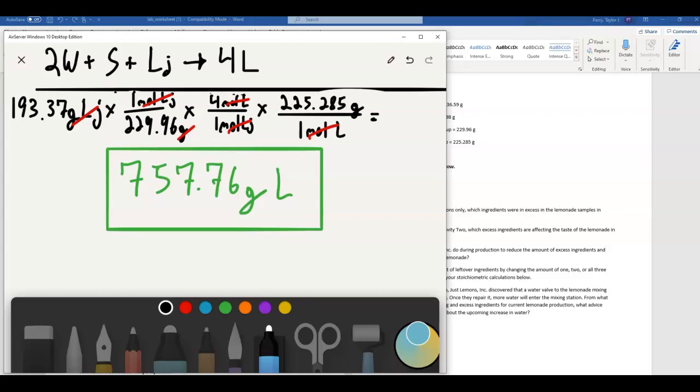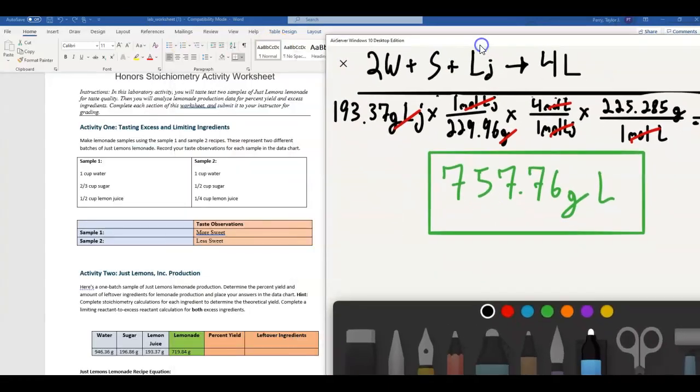Our actual yield was 719.84 grams. Divide that by our theoretical yield, 757.76 grams, and multiply this by 100.